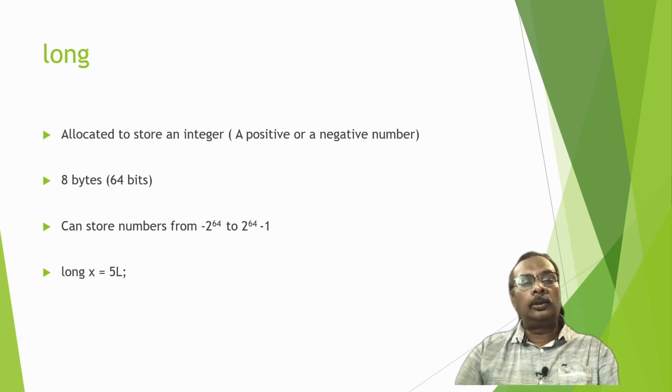The next is long. If you want to store a larger number and your 4 bytes is not enough, then in that case we will use a data type called long, and it also stores a positive or negative integer, and the size is 8 bytes, which is 64 bits, and can store numbers from minus 2 power 64 to 2 power 64 minus 1.